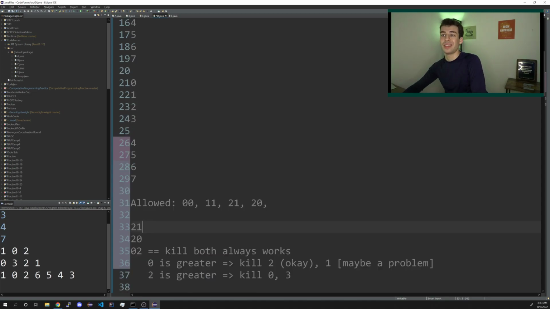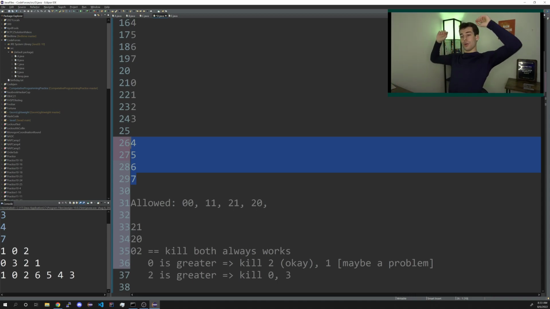In 2 queries, we can get the greatest of 4. There you go. In 2 queries, you eliminate 3 people. And then you repeat.